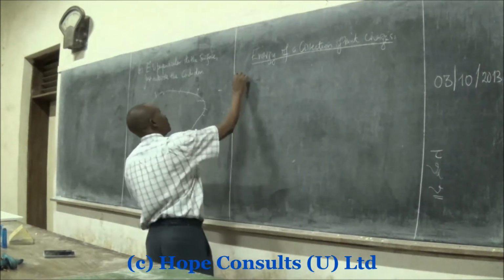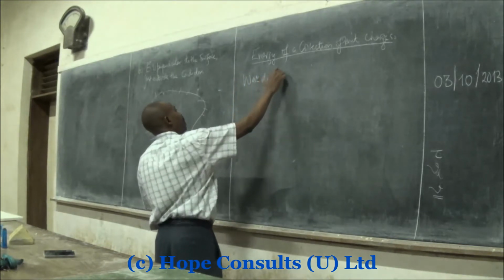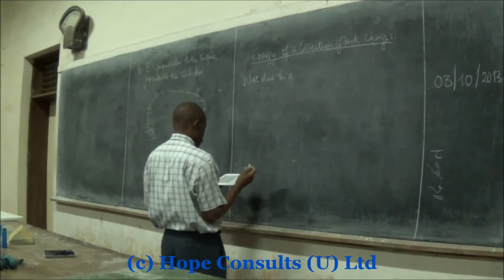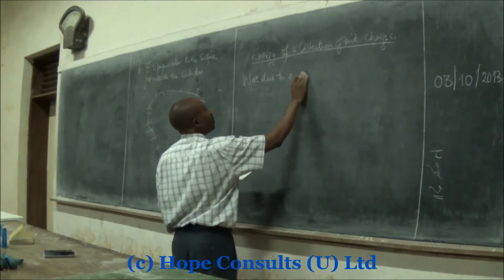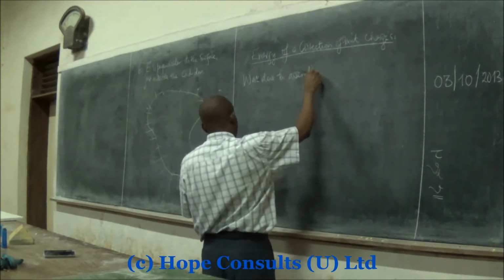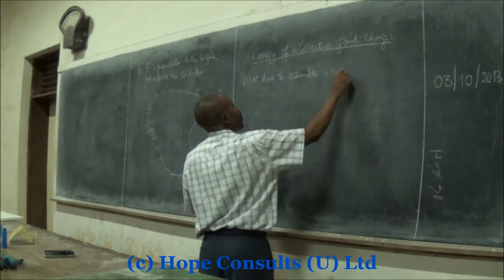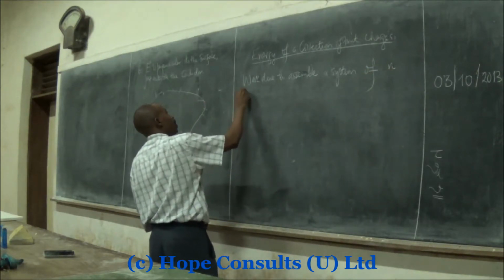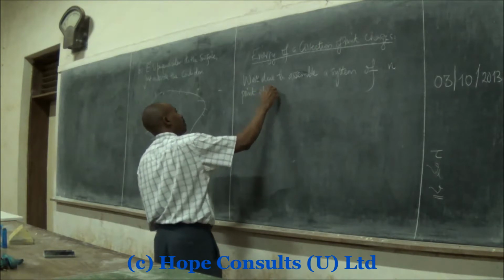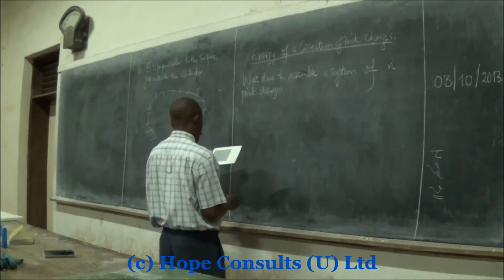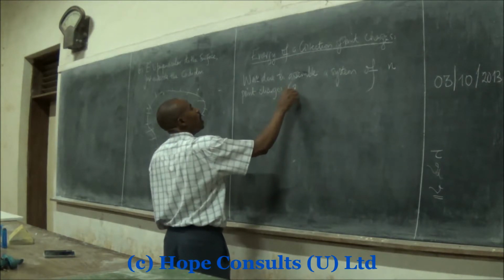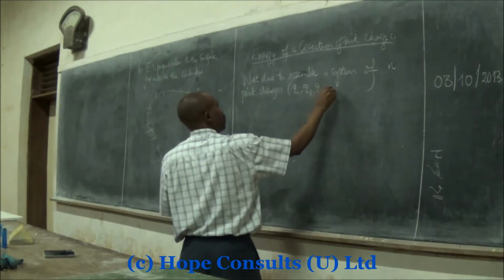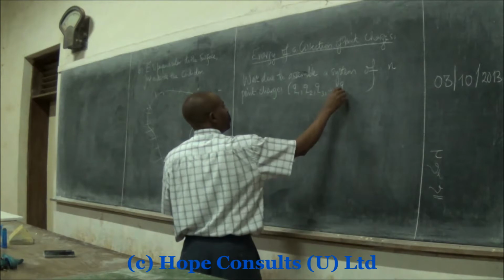So the work done to assemble a system of point charges Q1, Q2, Q3, and so on, up to Qn.